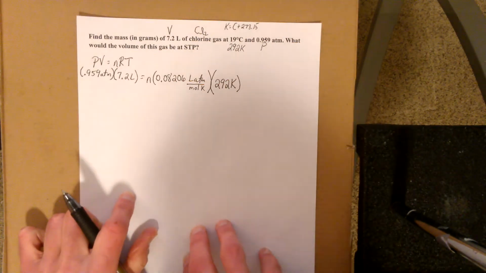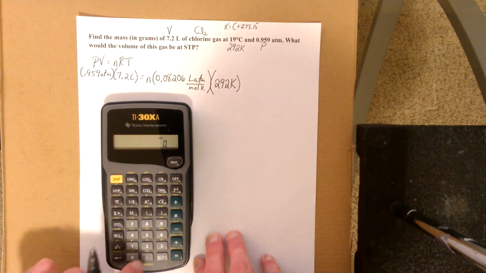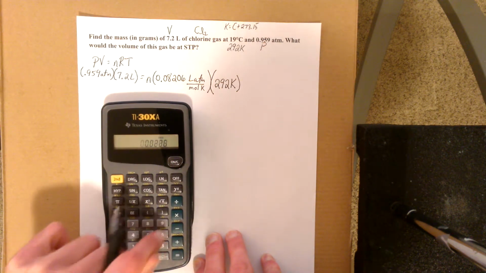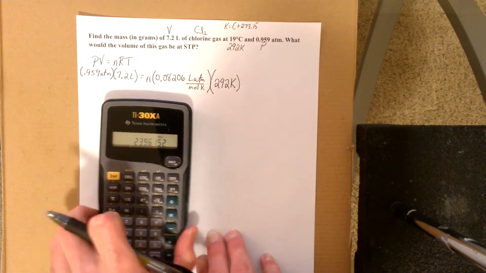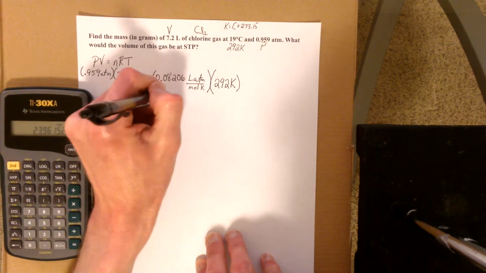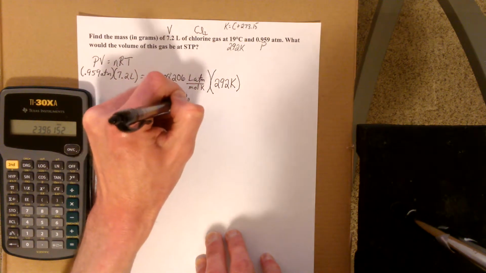Okay, so we've got this set up. Now we just solve. So let's go 0.08206 times 292. That gives us 23.96152.